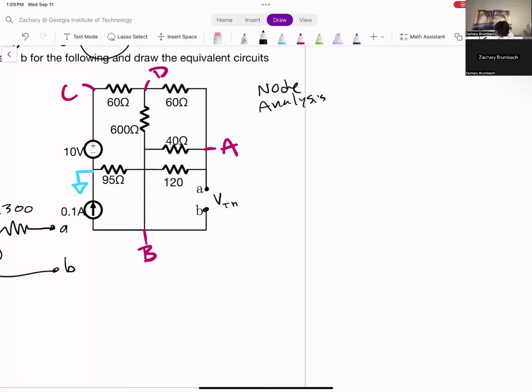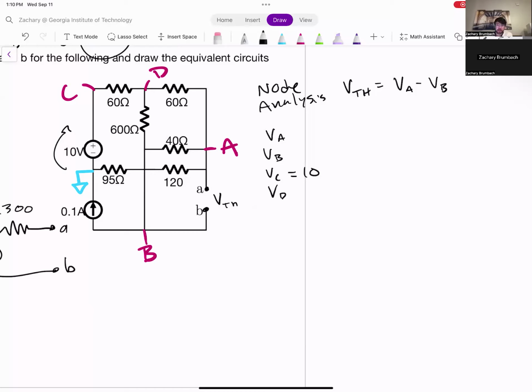So we're looking for VA, VB, VC, and VD, where V Thevenin is equal to VA minus VB, the voltage difference between them. So we have VC is equal to 10 volts because it is a 10-volt source from ground. That one's easy. That's the only one that's trivial here.